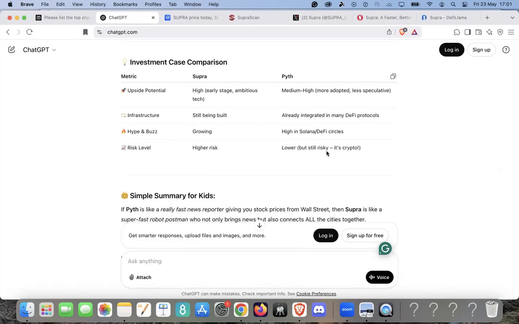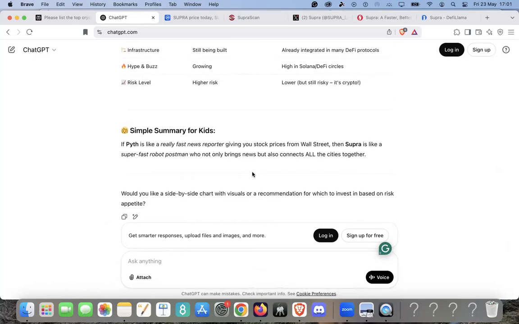And Supra is higher risk, whereas Pyth is lower risk, but it's still risky. So the simple summary for kids: if Pyth is like a really fast news reporter giving you stock prices from Wall Street, then Supra is like a super fast robot postman who not only brings news, but also connects all cities together. There you go.